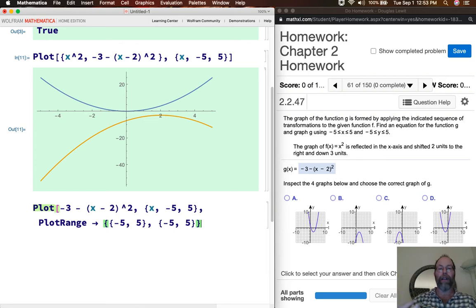So there I'm specifying a specific range. In this picture right here, Mathematica automatically determines the range for me. It's going from like -50 to +30. That's really not what I want though.